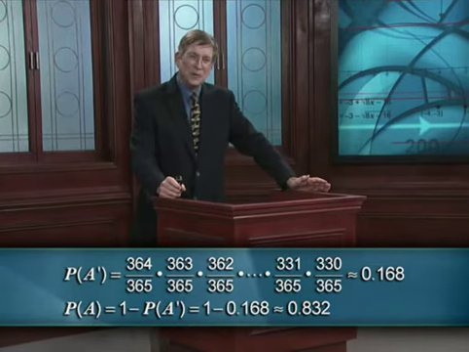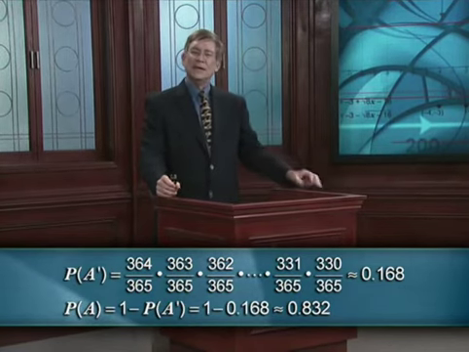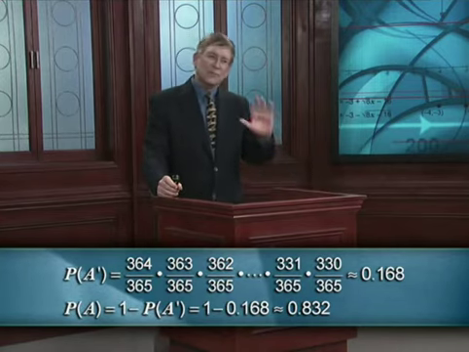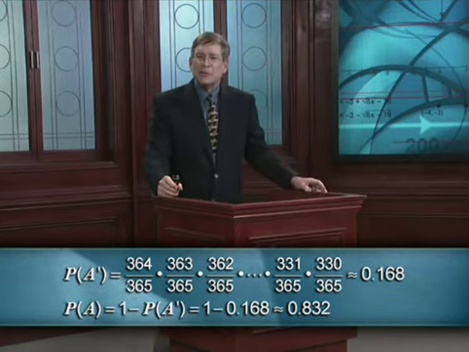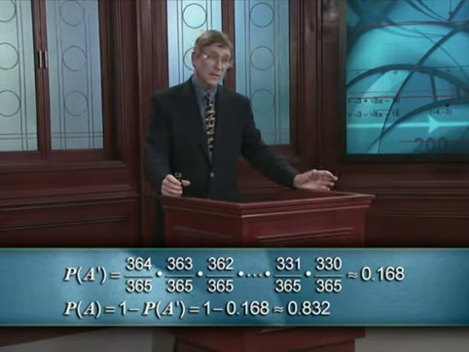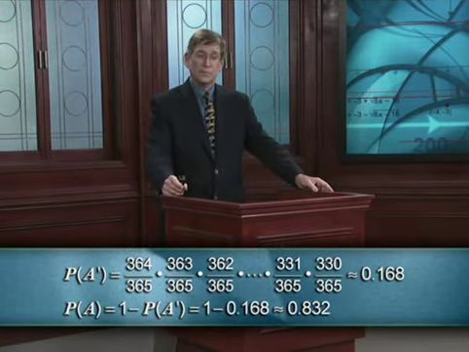Whew. In other words, the probability is about 0.8, or 83% is your odds here. 83% of the time, two students will have the same birthday in this class of 36 students. Pretty high probability, even though there were so few students.